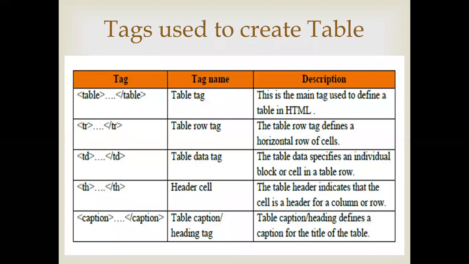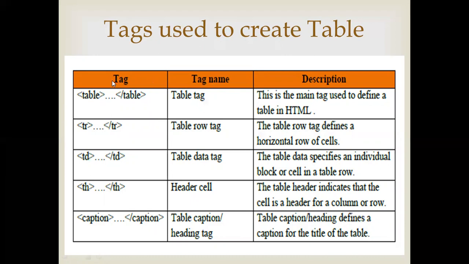Okay, now which tag is used to create tables? So these are the tags which are used to create tables. First is table tag. Using this tag, you can start a table. This tag will tell you the starting and the ending of the table. Then tr tag, that is used to create the table row. Td tag is used to insert the data inside the table, and th tag is used to make the heading of the table.